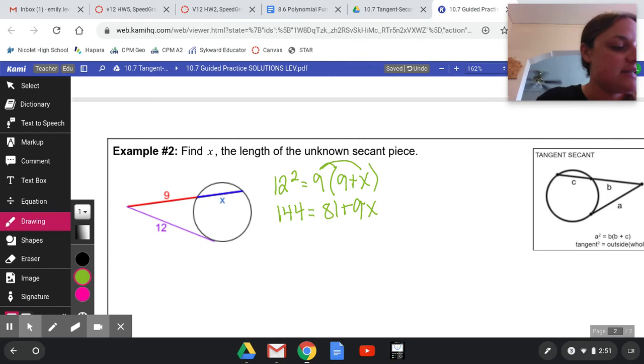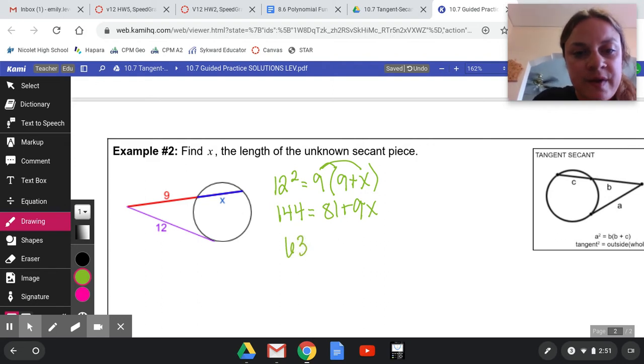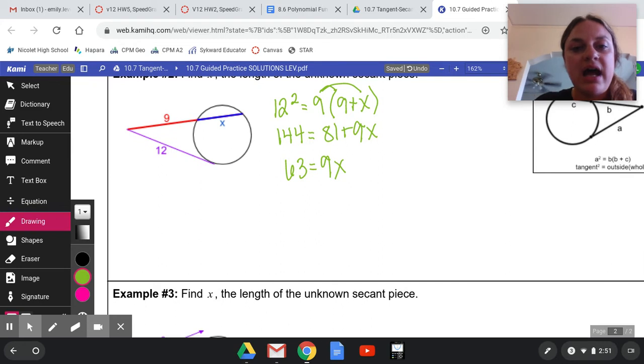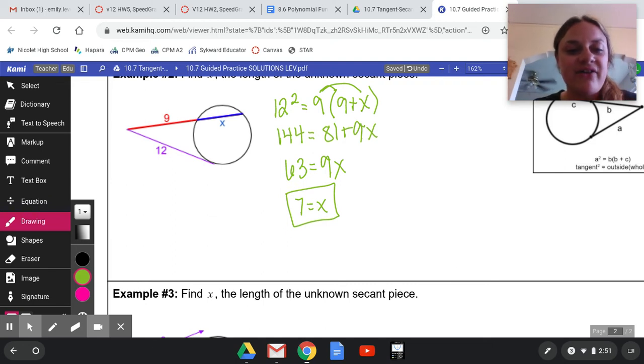So I'm going to subtract the 81. So 144 minus 81 is 63, which is equal to 9x. And then I can just divide by 9, which gives me 7 is equal to x. Lovely.